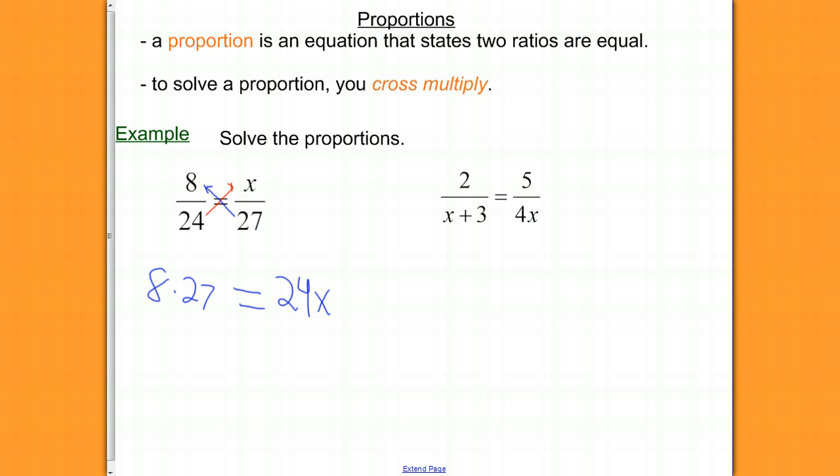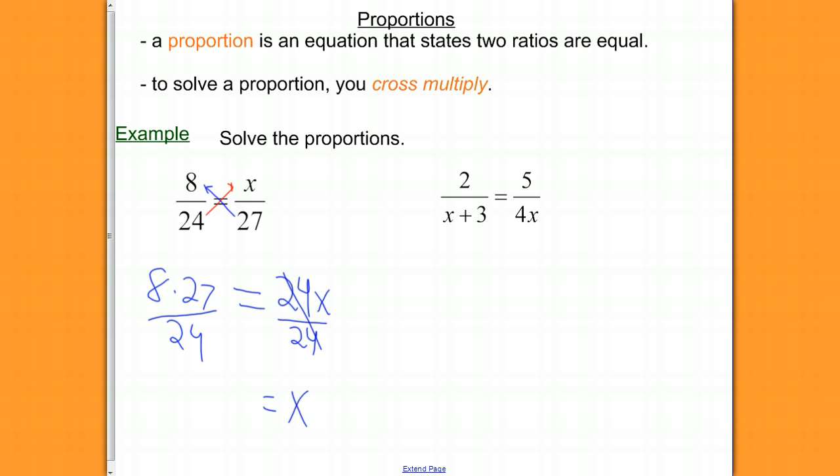So now to solve for x, we're going to divide by 24. That cancels that out, we're just left with x. All right, so now we can just do 8 times 27, which is a bunch, 160 plus 56, so it's a whole bunch, divided by 24.